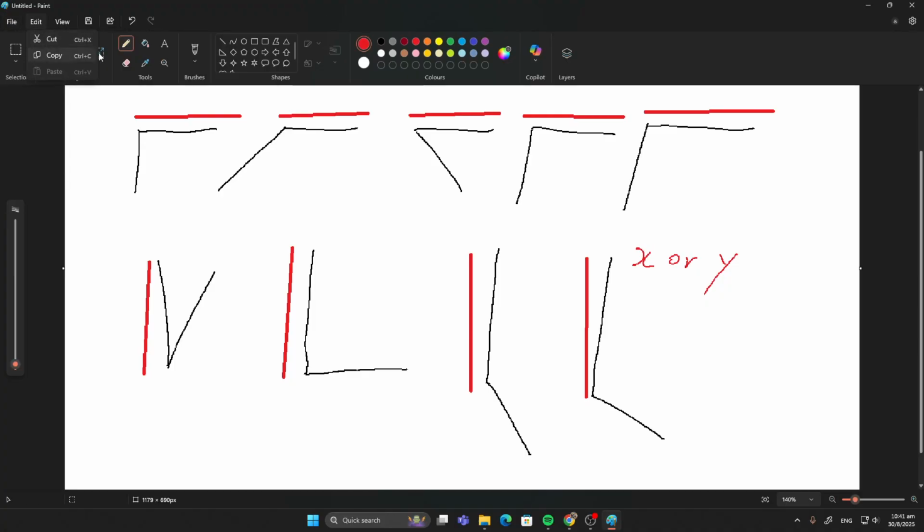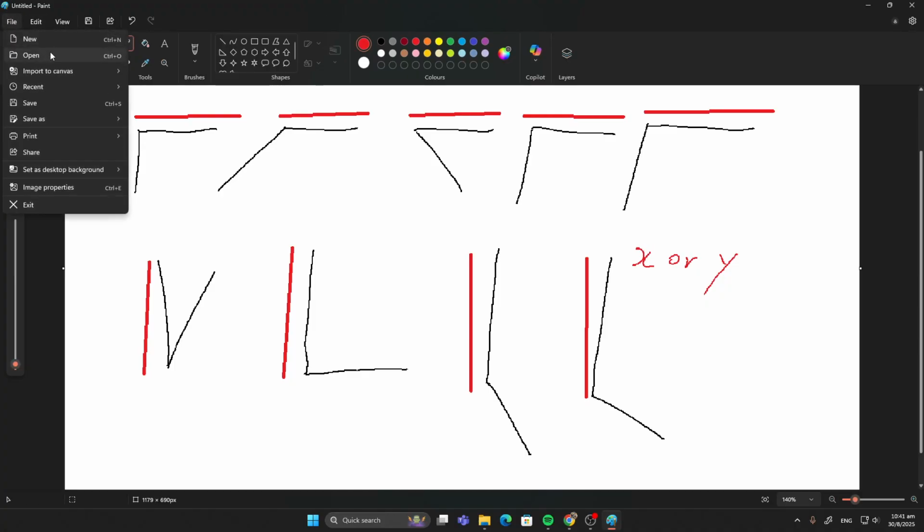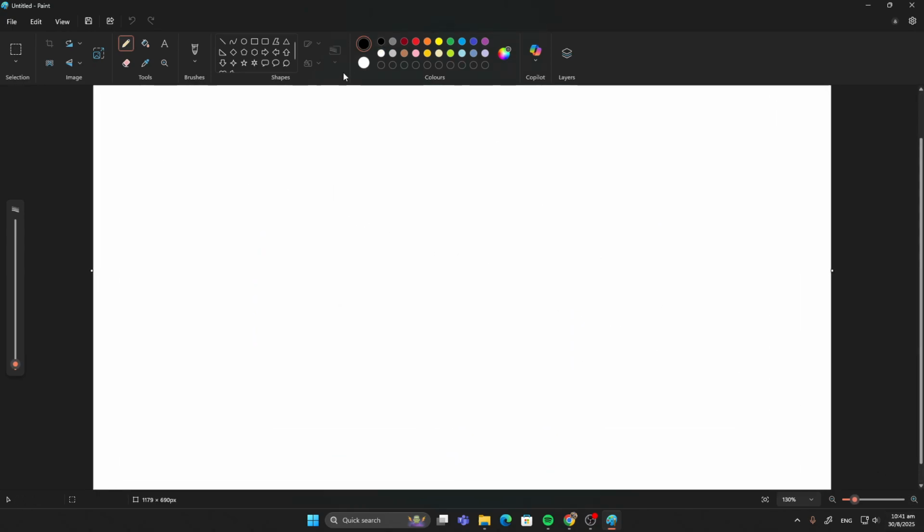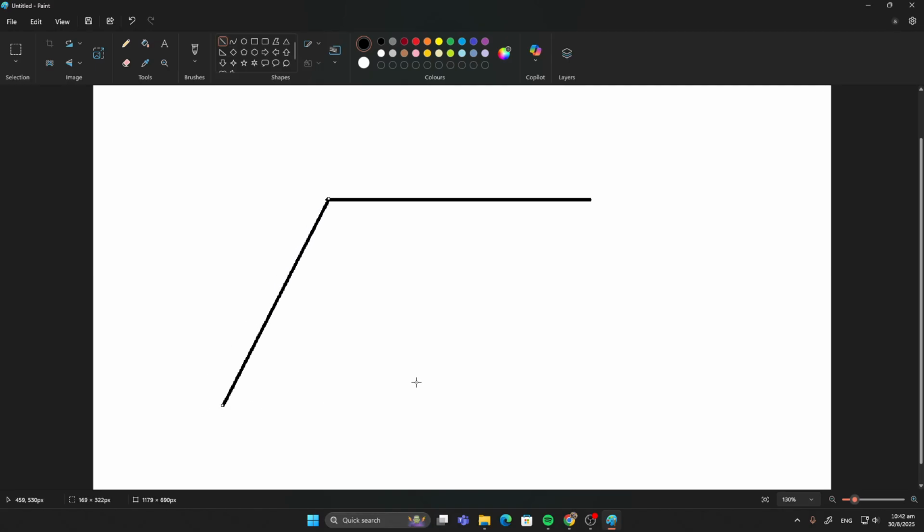Now the next scenario is pretty much the same as the first scenario. Same thing, I have a straight line, I have a random line over here. However, now I have a force coming here.